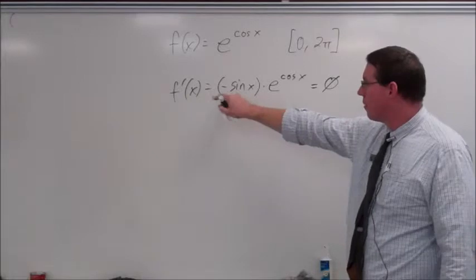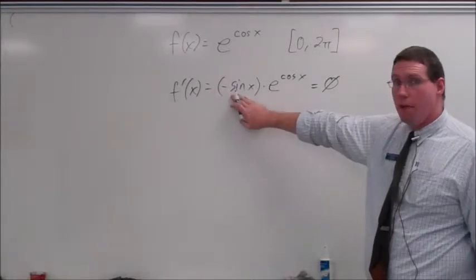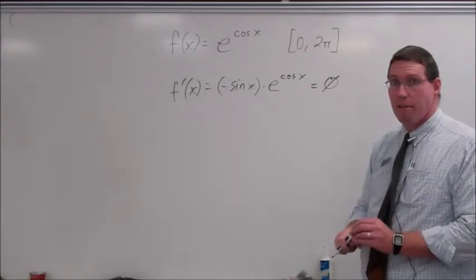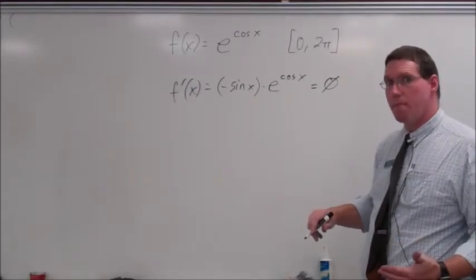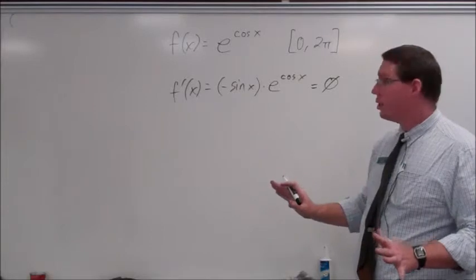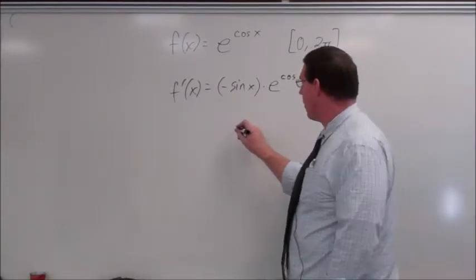That means that if the derivative is going to equal 0 at all, it's going to be because of negative sine of x. Therefore, and because negative sine of x does equal 0 sometimes, we are only going to check for where negative sine of x is equal to 0.